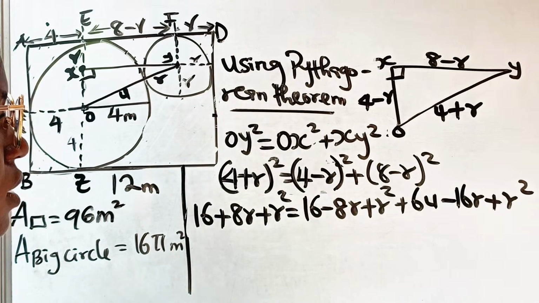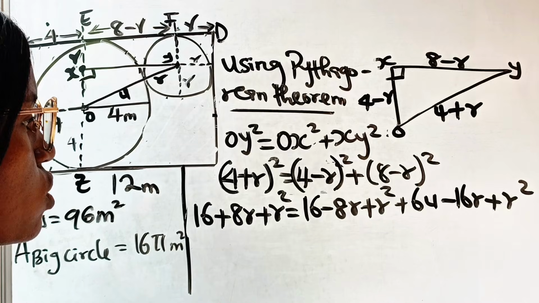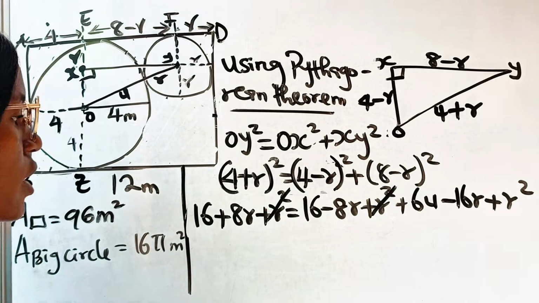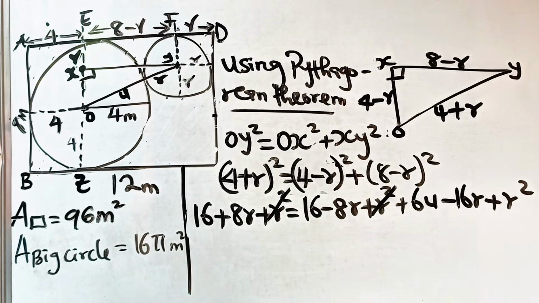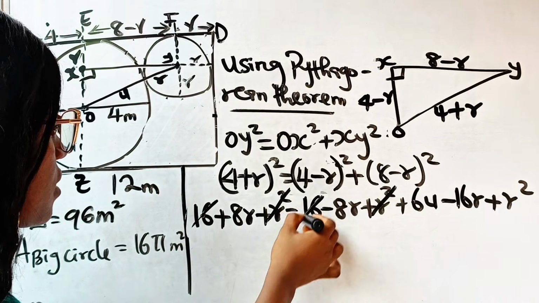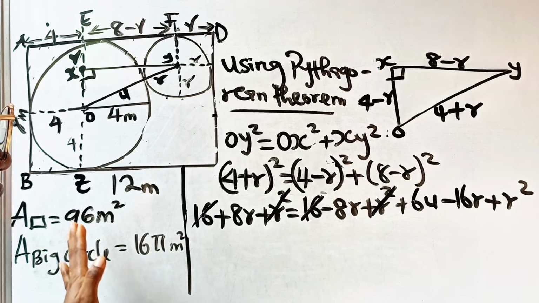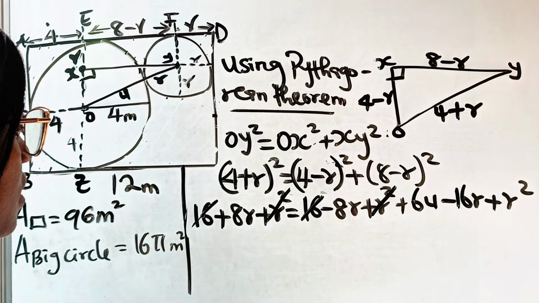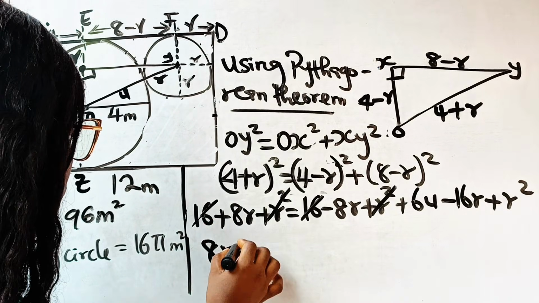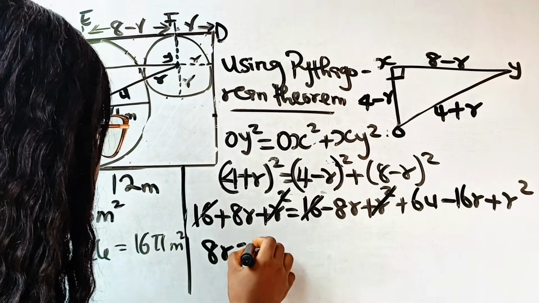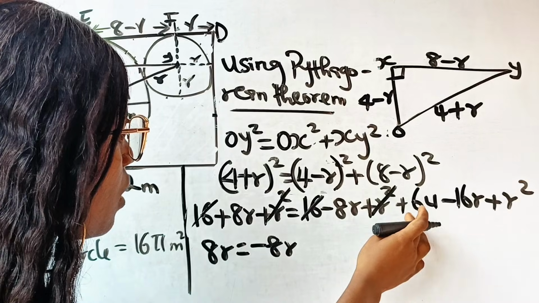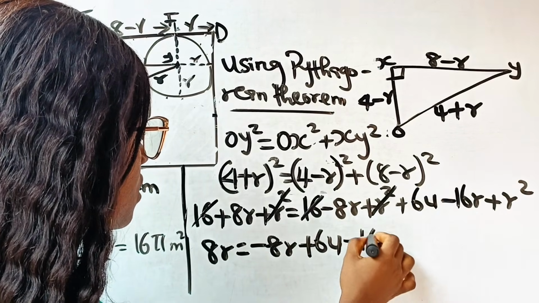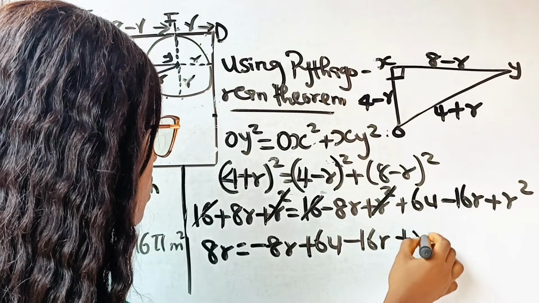All right, let's see if we have something to cancel out here. Okay, we have plus R squared here and plus R squared here, so definitely we'll be removing that. Now we have 16 here and 16 here, so definitely they are going as well. So what we have left is 8R is equal to minus 8R plus 64 minus 16R plus R squared.